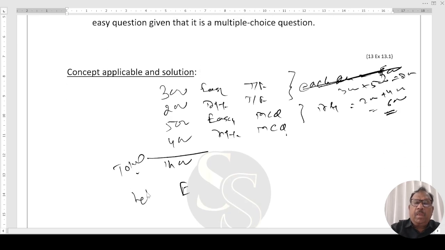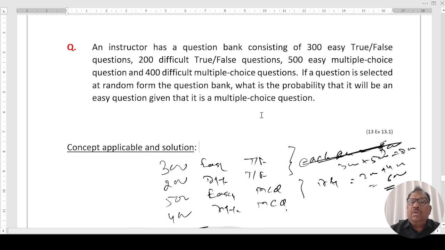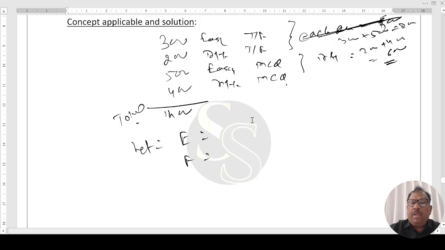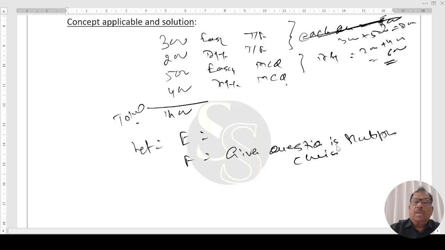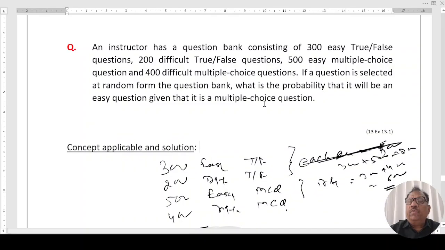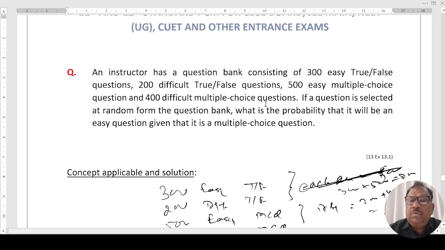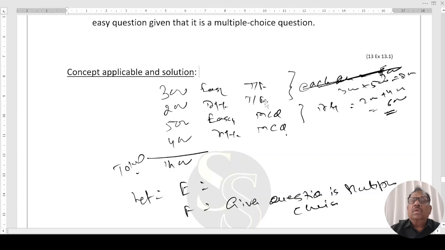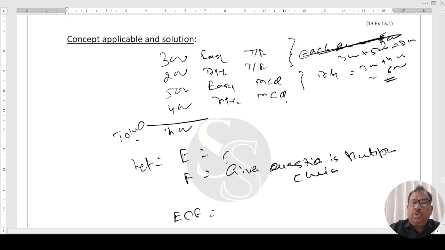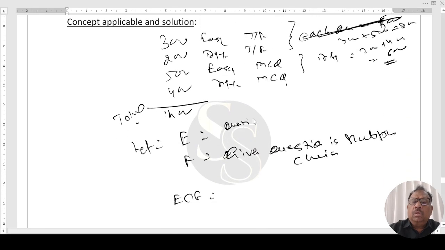Let E be the event that the question is easy and F be the event that the given question is multiple choice. What will E intersection F be? We have to find, for a question selected at random, the probability that it will be easy, given it is a multiple choice question.